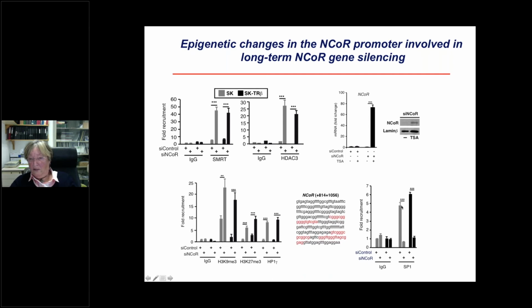As you can see, under normal conditions there is a strong recruitment of SP1 to the NCOR promoter, but when NCOR is knocked down, this transcription factor is displaced from the promoter.